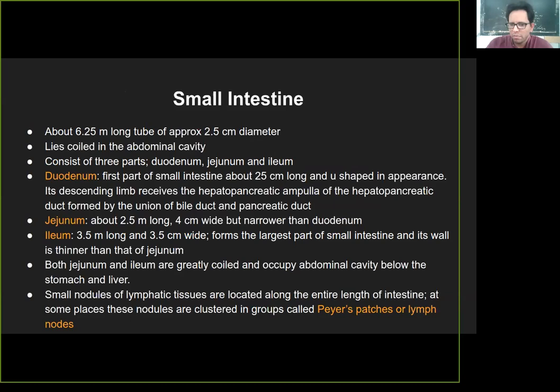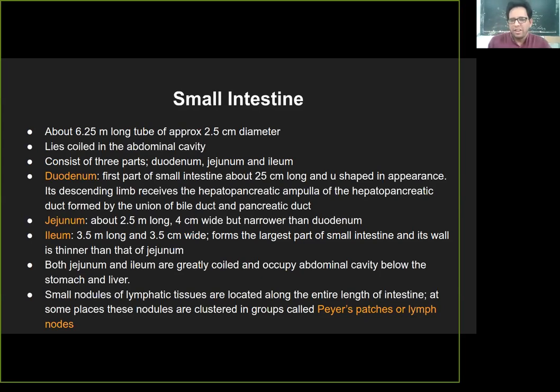The function of jejunum is mostly to provide surface area for the food to get properly mixed with the hepatopancreatic secretion, to get broken down further and to get absorbed from the intestinal walls. Nothing more. Same goes with the ileum. It is 3.5 meter long, and it is the longest part of the small intestine. As I mentioned earlier, it is 3.5 centimeter in diameter.